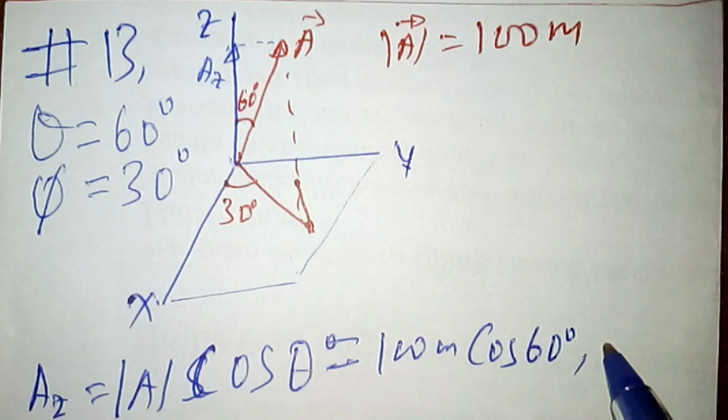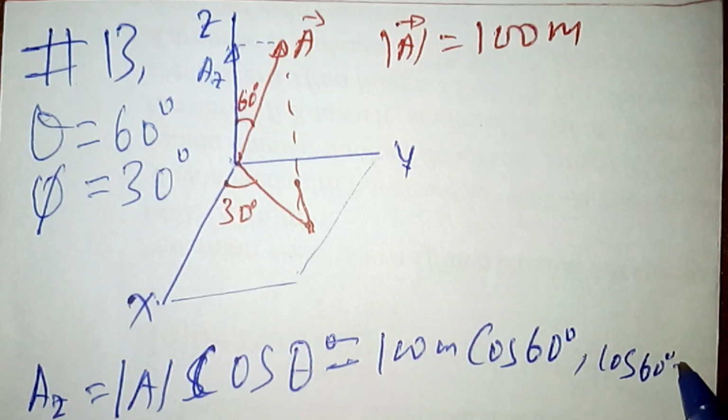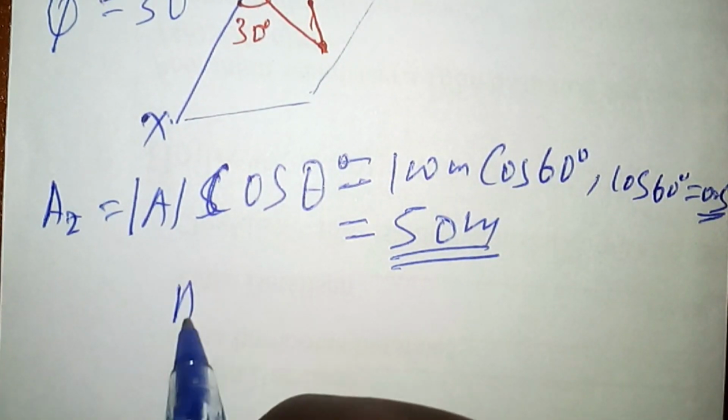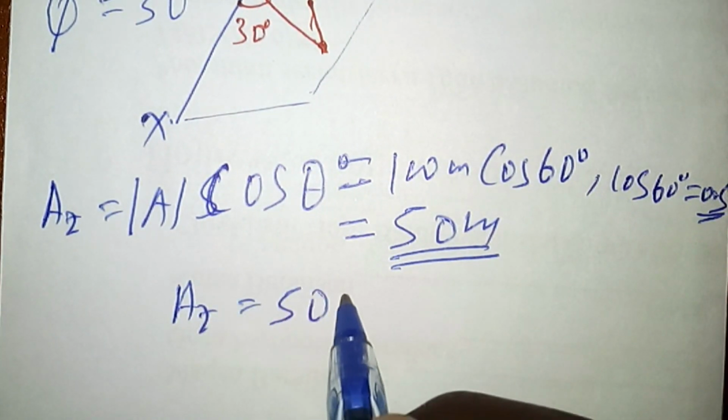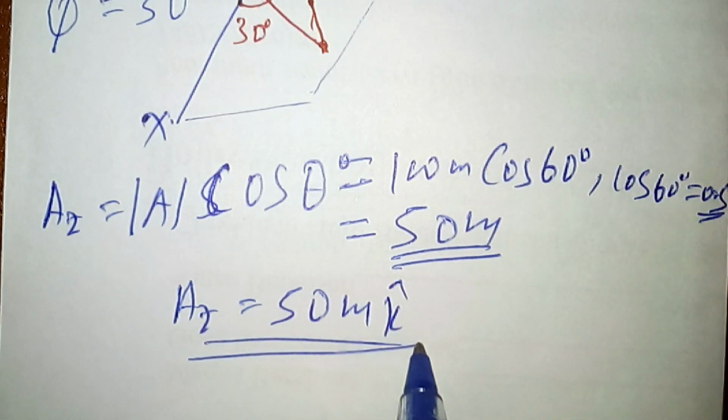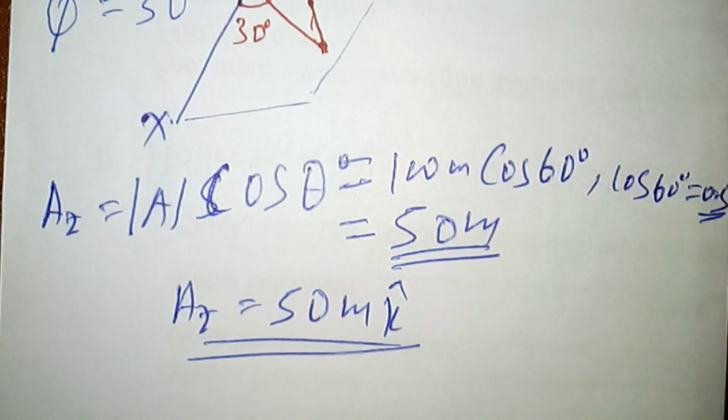Since cos of 60 degrees is 0.5, or half, this gives us 50 meter. So the component of the vector along the z-axis, AZ, is 50 meter k.